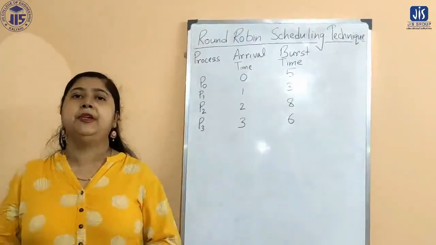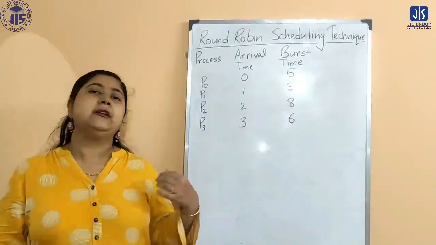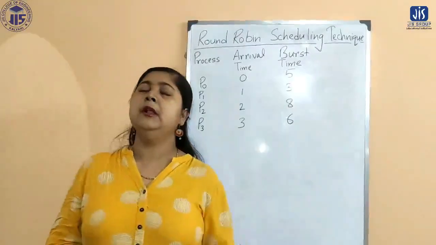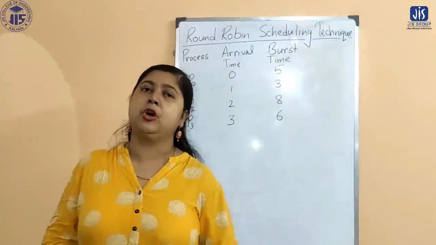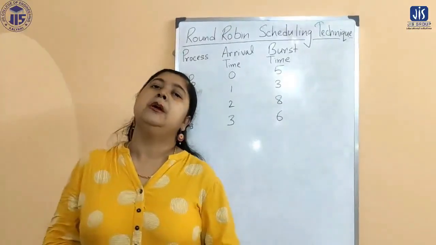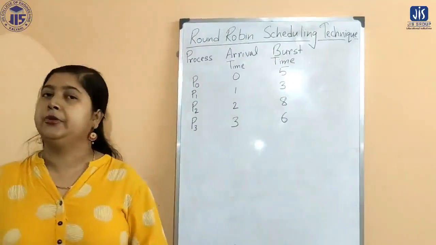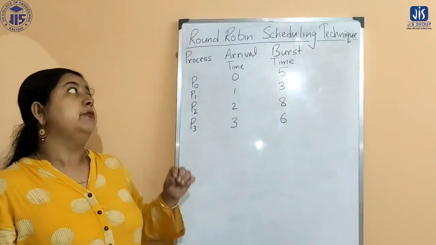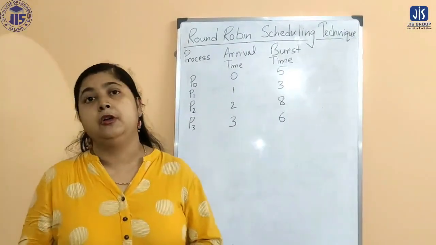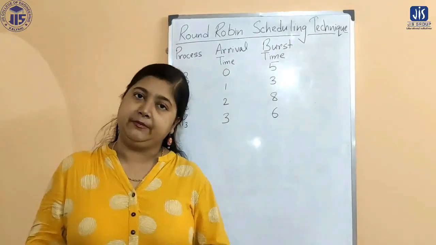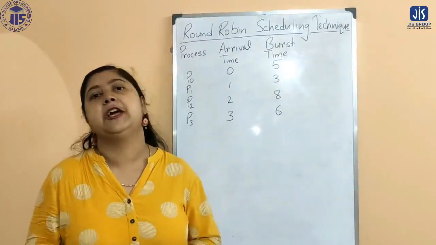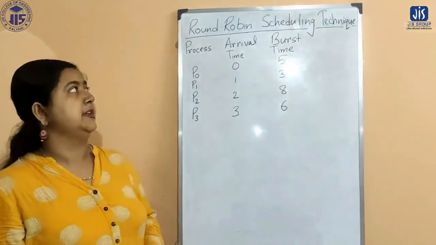In a multi-programming environment, we can avail the preemptive and non-preemptive approaches. But there is an algorithm, the round robin algorithm, which is very effective for a multitasking environment, multitasking or time sharing, whatever you can say.